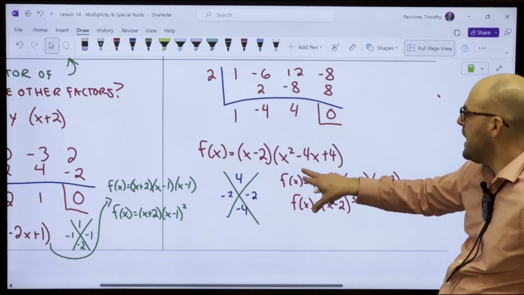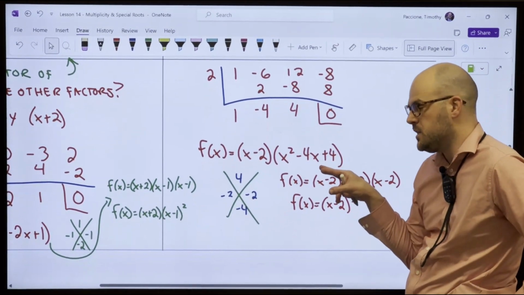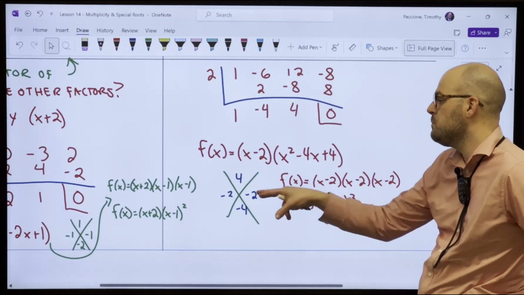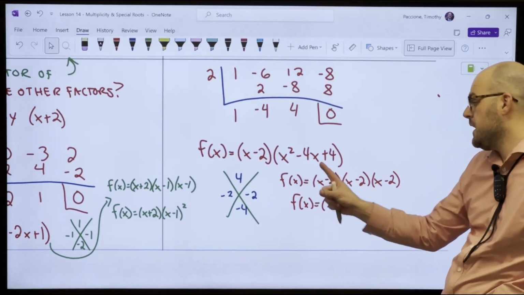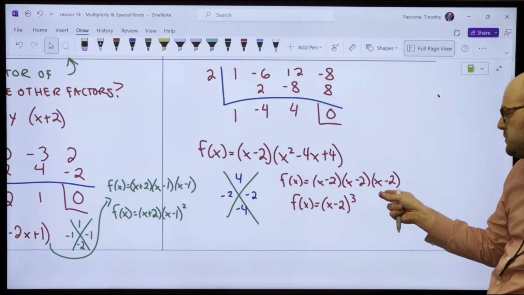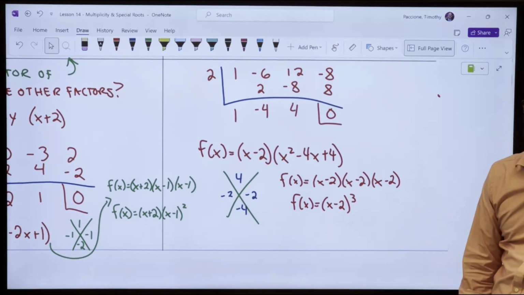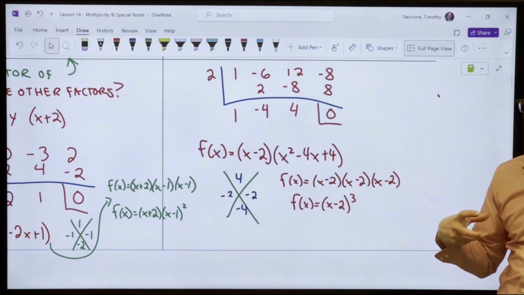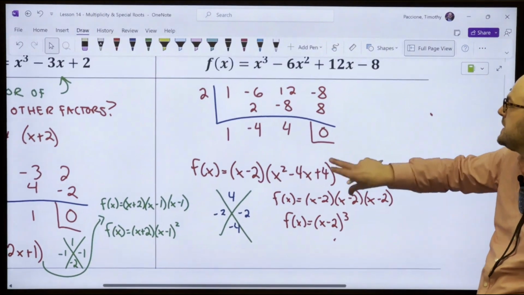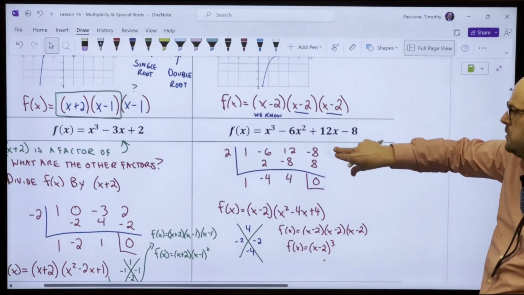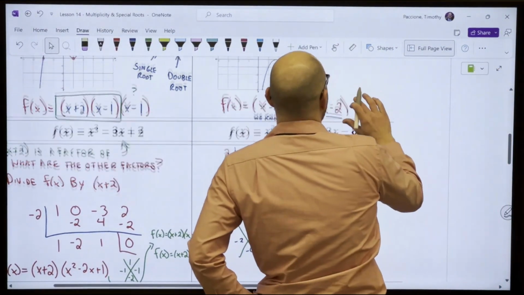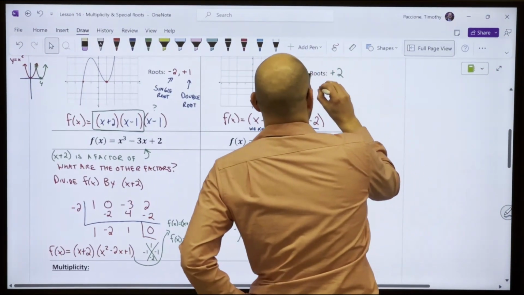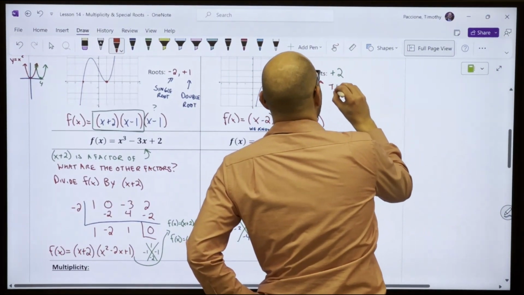Then we were able to use magic x to continue to factor this, right? And that gave us minus 2 and minus 2, which is x minus 2, x minus 2, x minus 2, or x minus 2 to the third, right? Proving that indeed 2 is a triple root, right? So 2 turns out to be a triple root.